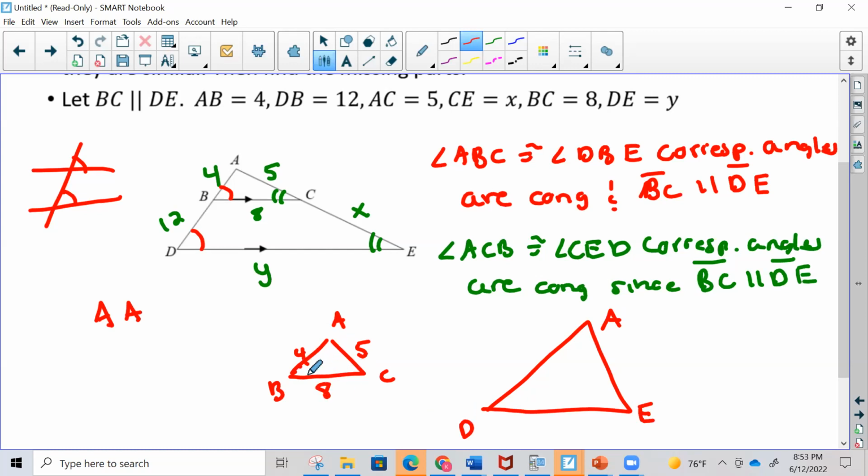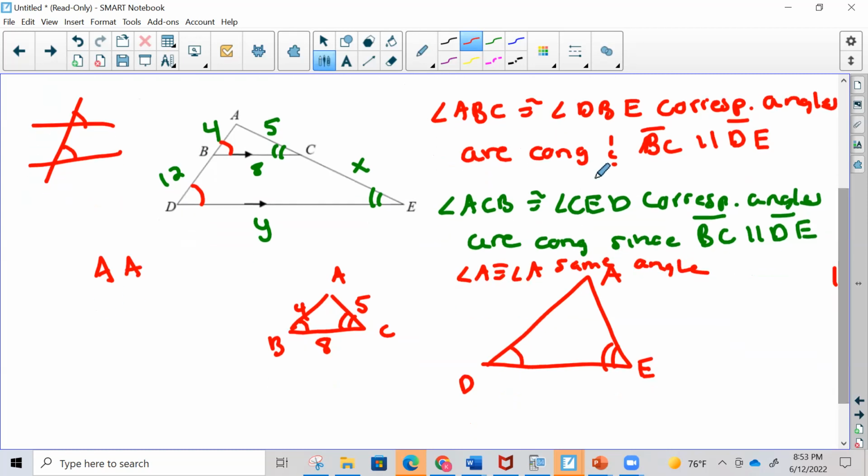This angle is equal to this one, angle C is equal to angle E, and the angle A's are a shared angle, so they're equal, angle A is congruent to angle A because they're the same angle. So you could also use that angle. Again, you only need 2, but you can have all 3.